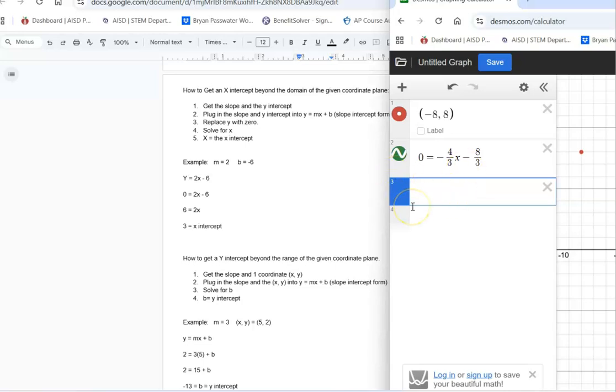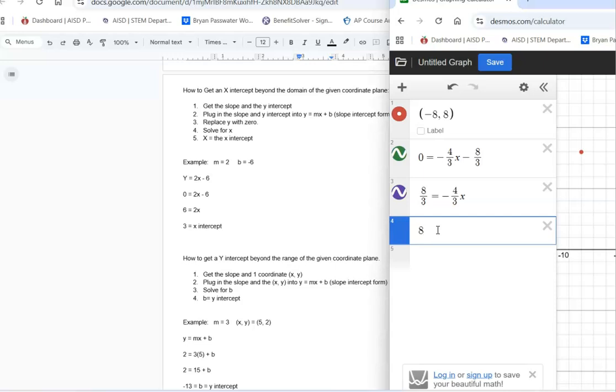So I would add 8/3 to both sides. That gives me 8/3 equals -4/3 x. Next, you divide both sides by -4/3. Notice that 8/3 divided by -4/3 gives -2.